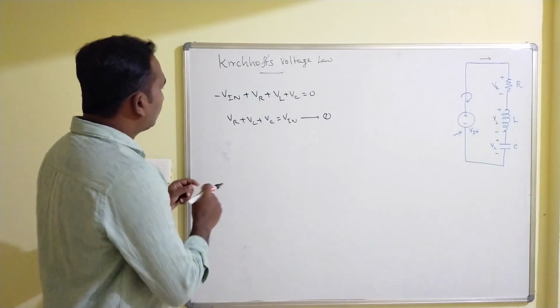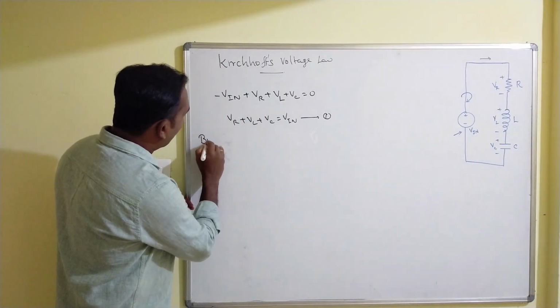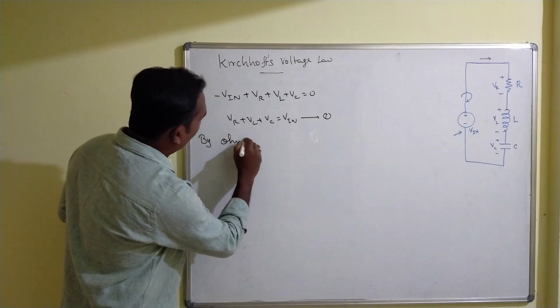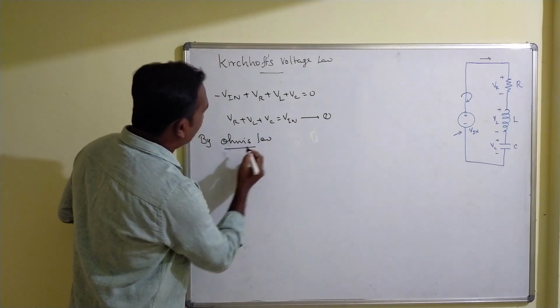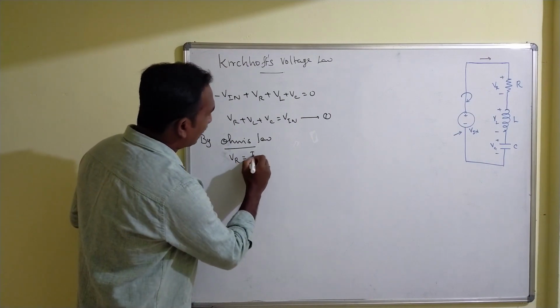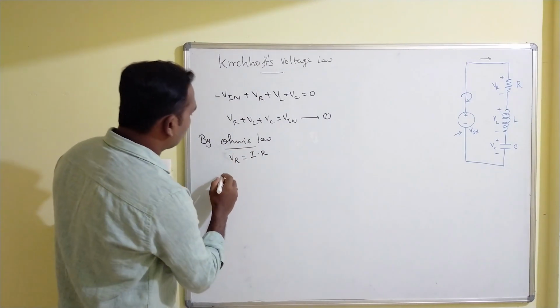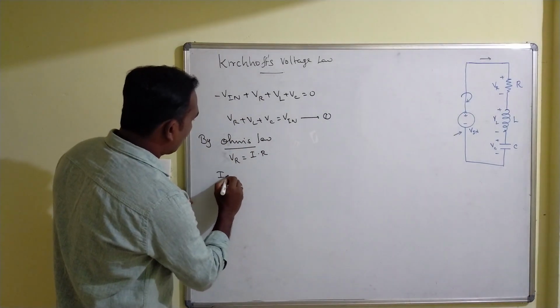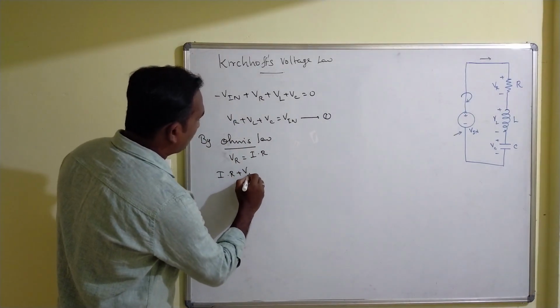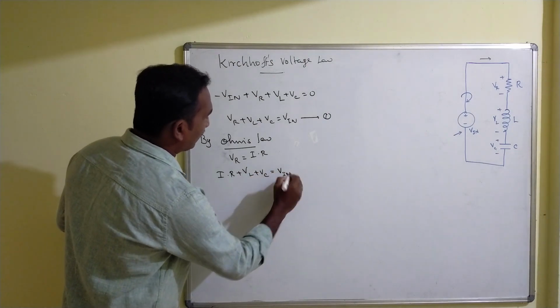Now the voltage across the resistance, by Ohm's law, VR is the current times the resistance. Now substitute this value in the first equation. This will become I times R plus VL plus VC is equal to VIN.